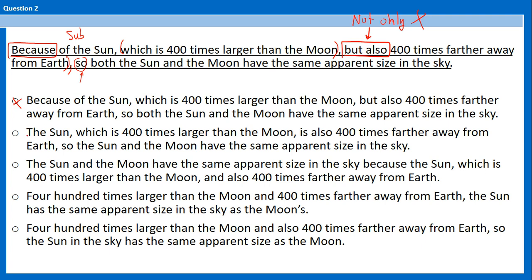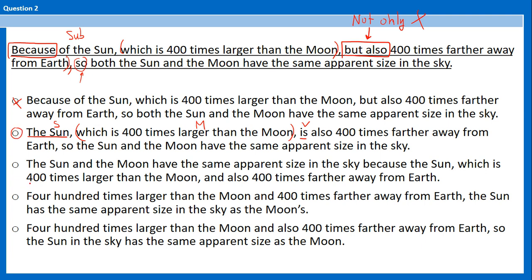In number 2, you have the sun, get rid of the modifier between commas. The sun is also 400 times farther away from the earth. So the sun and the moon have the same apparent size in the sky. Okay, you have a subject and a verb, and B is okay.